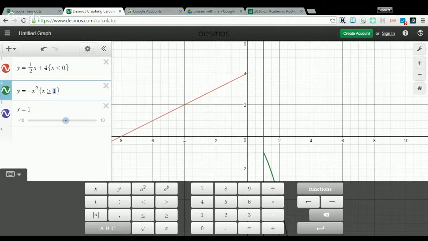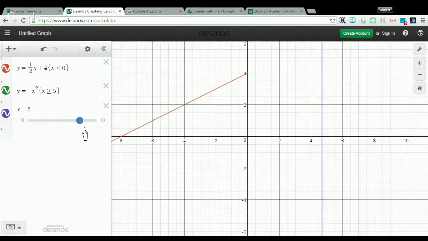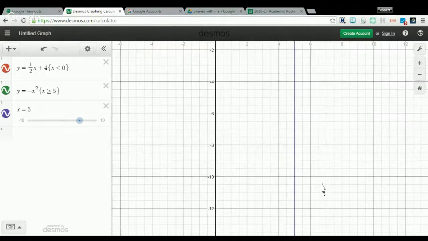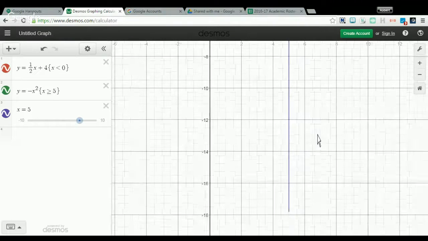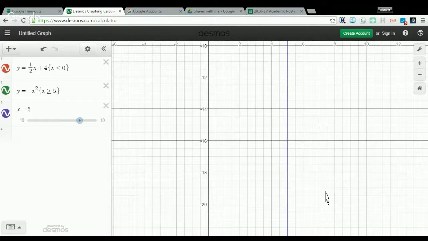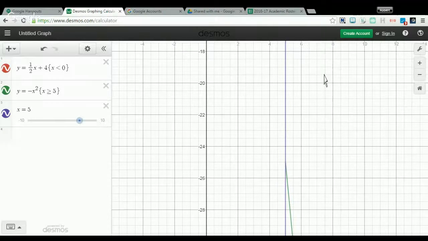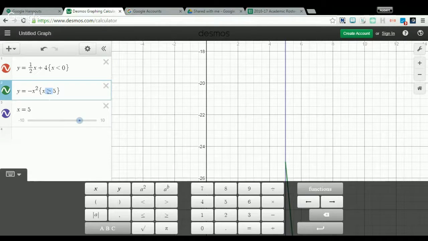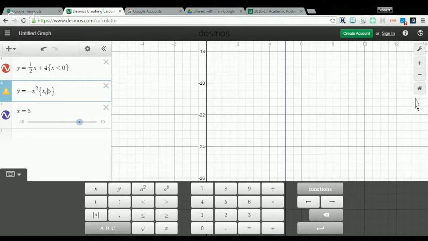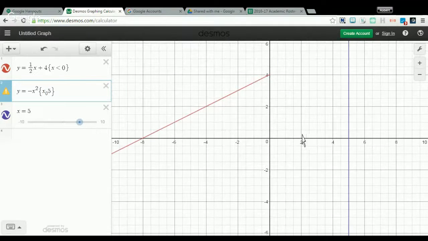If I made this 5, it would only show the part over here where 5 is, and go way down there, because think about what 5 is. 5 squared is 25. Here's 24, so that's 25. So it would start right there. So go back up here to 0 and see if we can follow the logic of what's going on here.